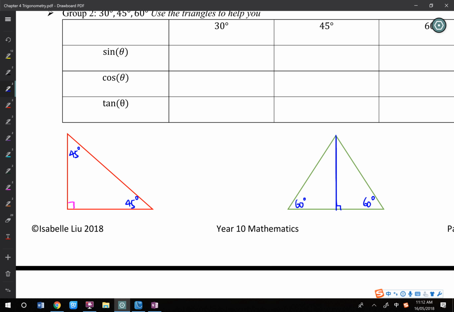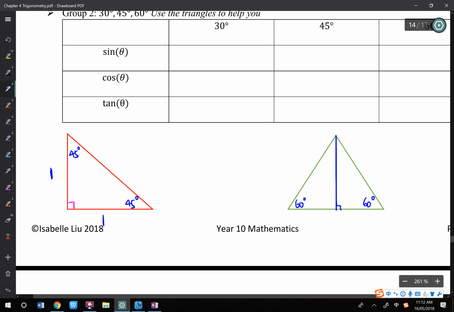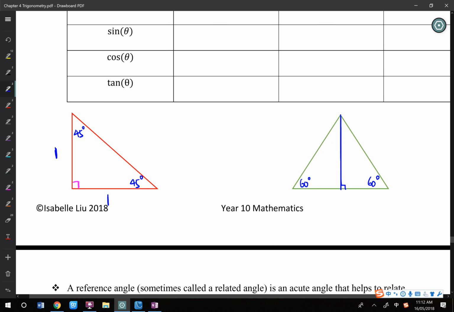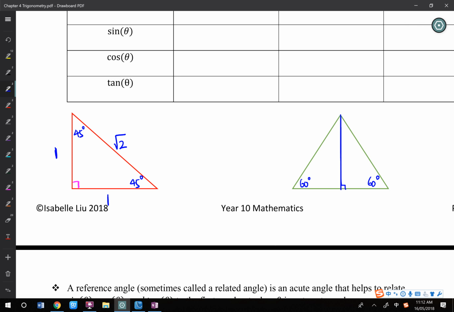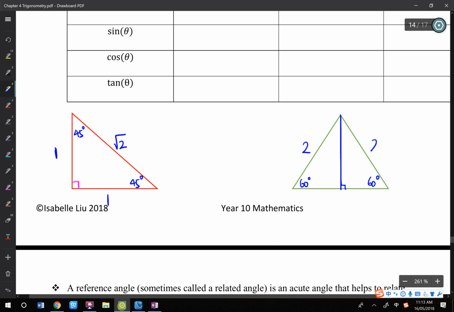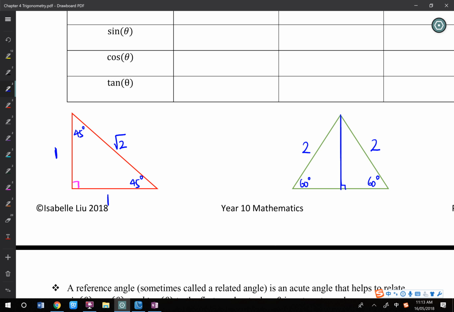Now I give you some values. If I say this is 1, this is 1, what will the hypotenuse be? Root 2. 1 plus 1, and then we square root that, so root 2. If I give you this one is 2, this one is 2, what's the length here? 1.